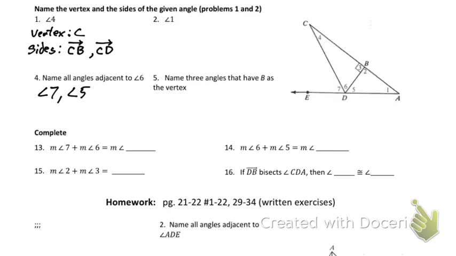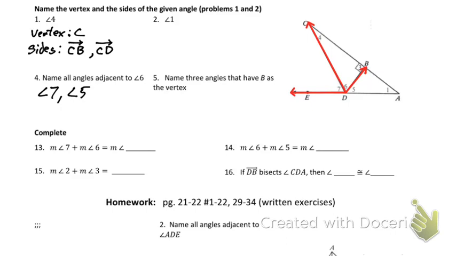I do want to do these because it can help you with your assignment. So we have measure of angle 7 plus measure of angle 6. Just like with the segment addition postulate, where one segment plus another segment equals a bigger segment, an angle put together with an adjacent angle makes a bigger angle.